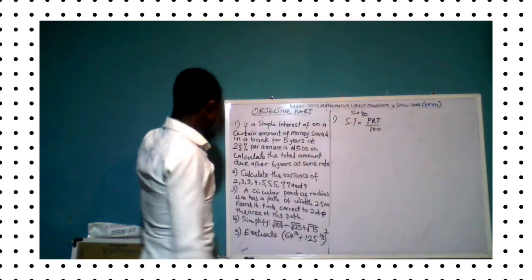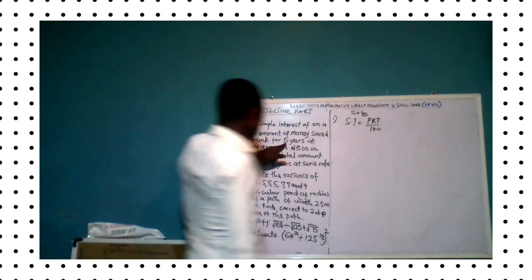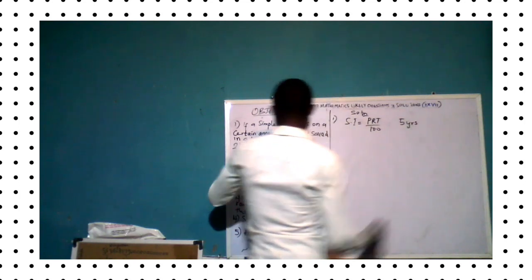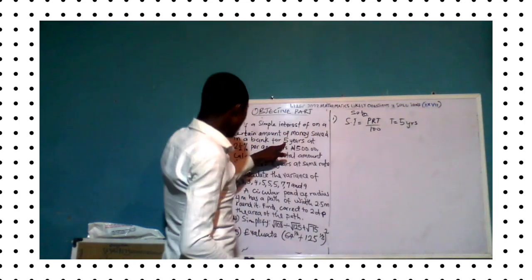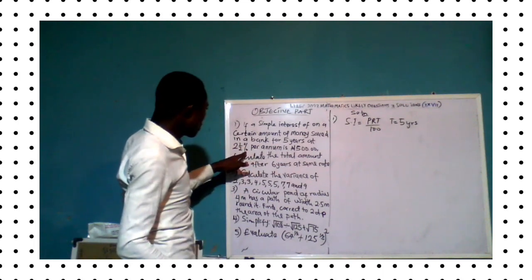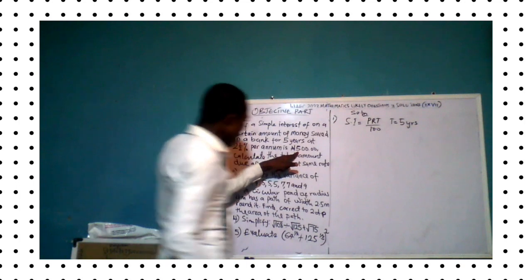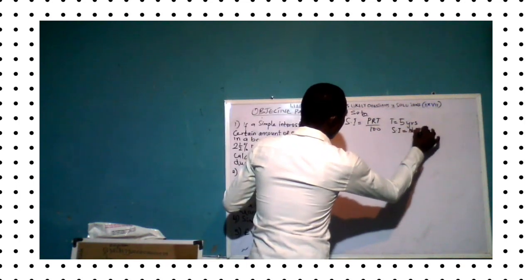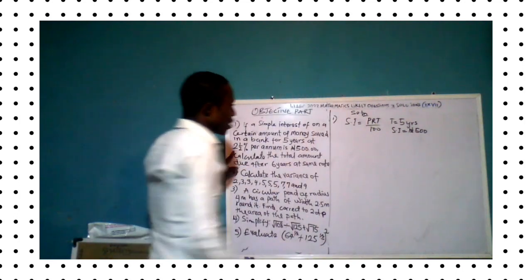In this question we are given the time to be 5 years, time t. And the simple interest is given to be 500 naira, SI equals 500 naira. And also the rate R is given to be what?